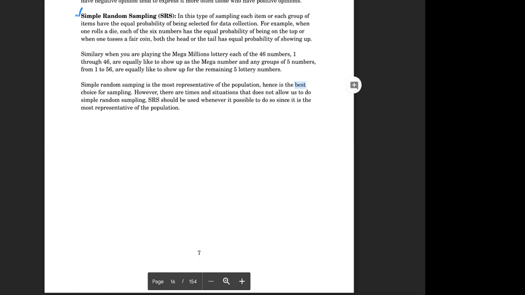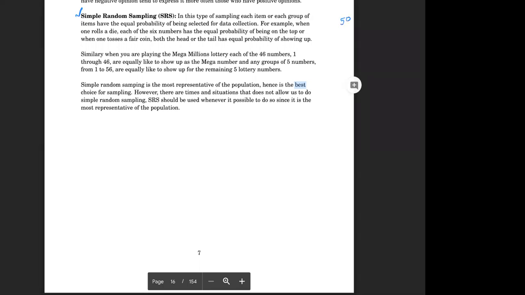So in simple random sampling, again, keep in mind, it is done in a completely randomized way. So that means no bias or nothing. You completely randomly select items. One good example could be, let's say, I want to create a simple random sample from your class. And there are, let's say, 50 students in the class.